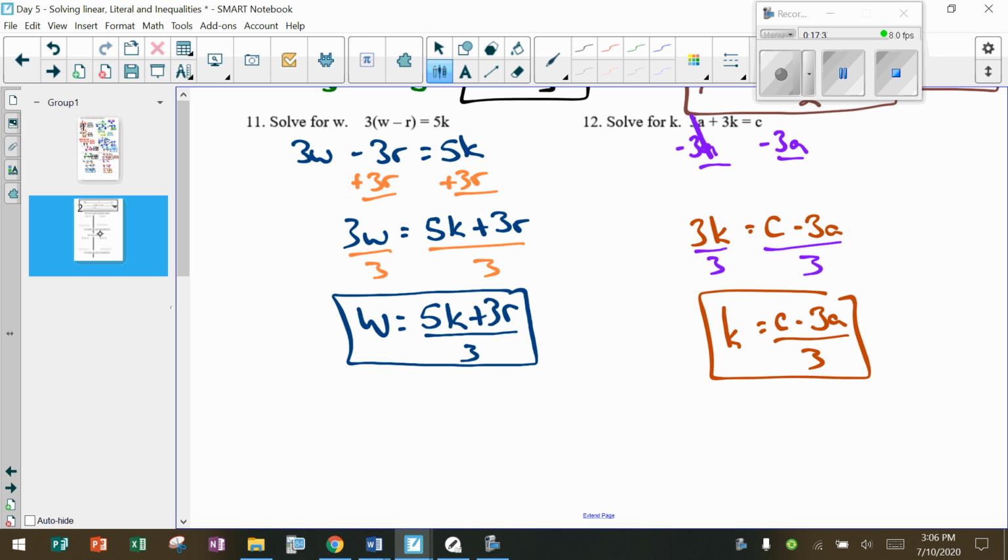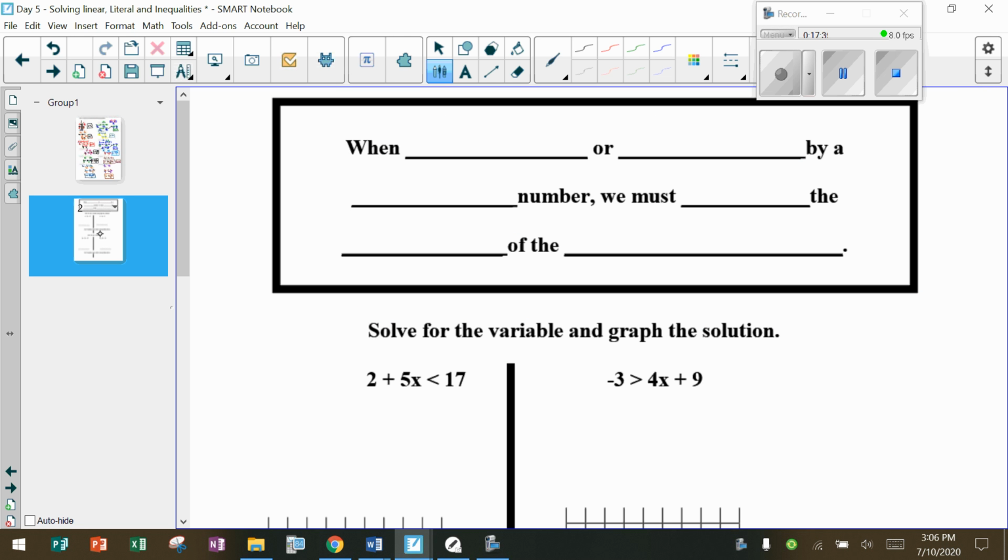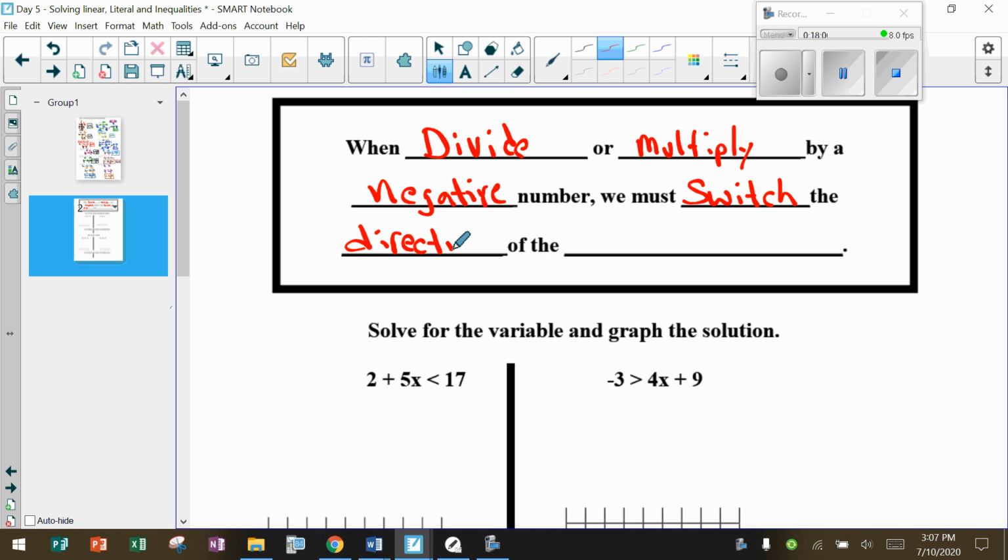Now, let's apply the same principles to the graph we were doing the other day, the inequalities. The only thing that's different here is when you divide or multiply by a negative number, you must switch the direction of the inequality sign.